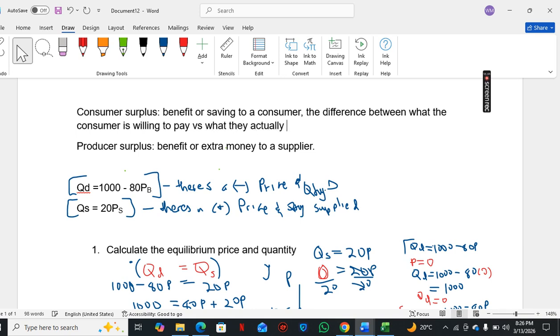As you saw in my example, you are willing to pay 200 kwacha for a jeans, but you actually pay 150 kwacha. So that's the difference, 50 kwacha, that is your consumer surplus. Are we okay with this definition, colleagues?